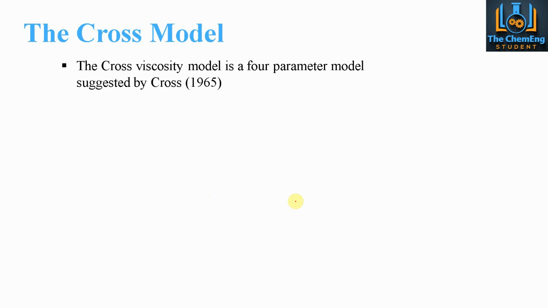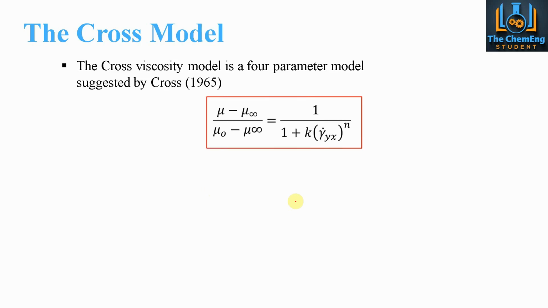Now the cross viscosity model, which was designed back in 1965, while it does have 4 parameters, is simplified ever so slightly, because we still contain the same left-hand side of the equation. We still have the difference between the viscosities, the actual viscosity at that moment in time minus the infinite.